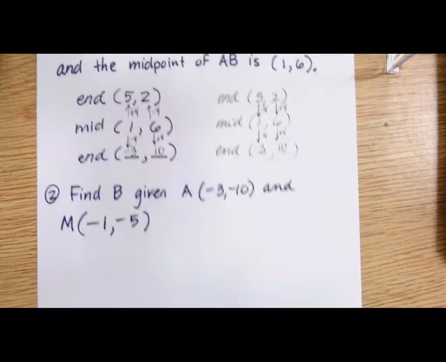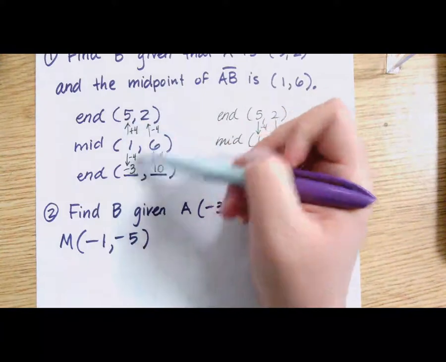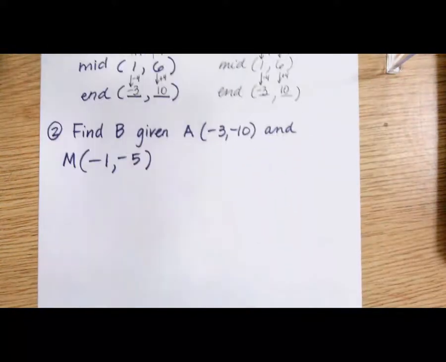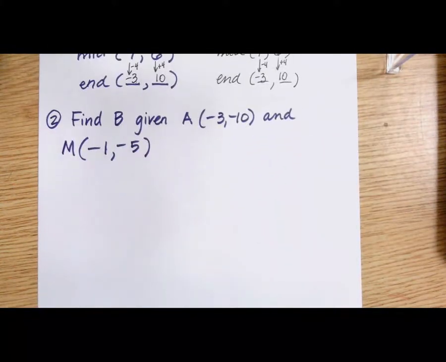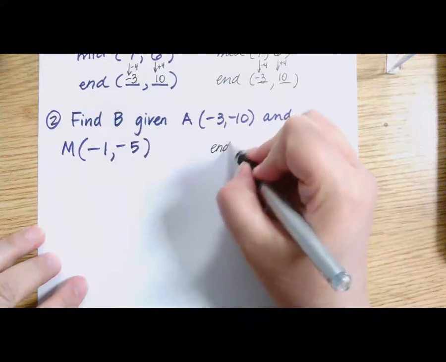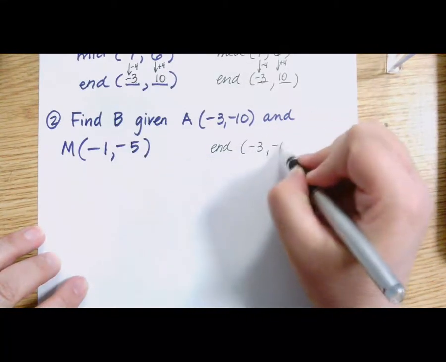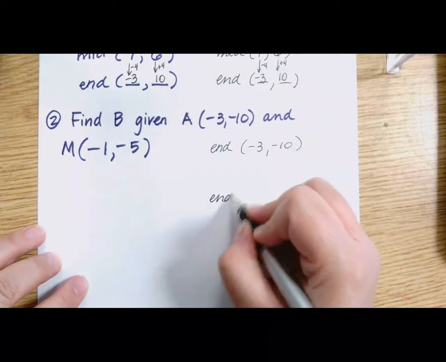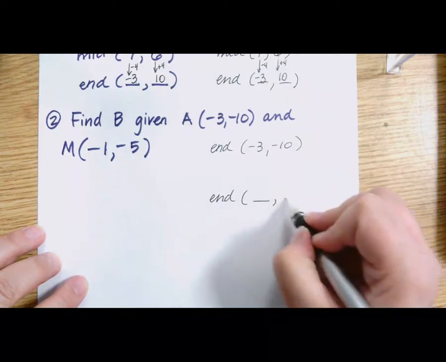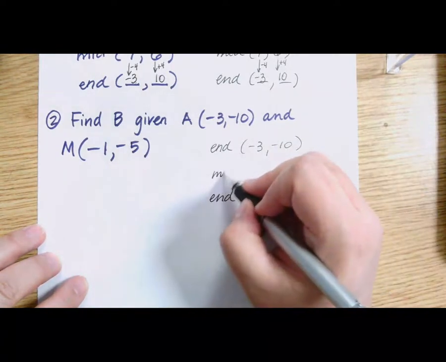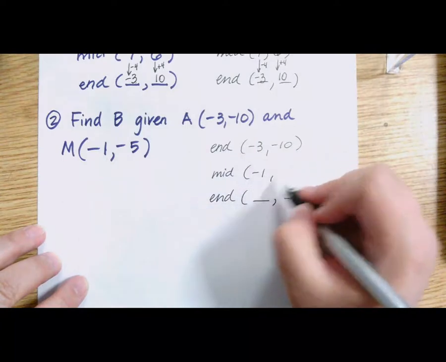So again, you would want to align them like this, where you have two ends on either side of the middle. So here's an endpoint. Here's an endpoint. I don't know what it is. And the middle is (-1, -5).